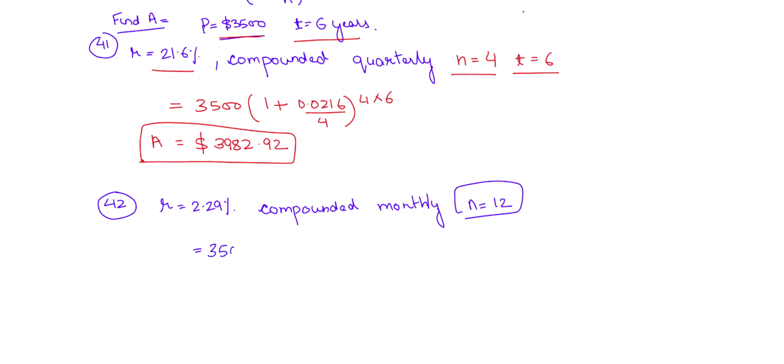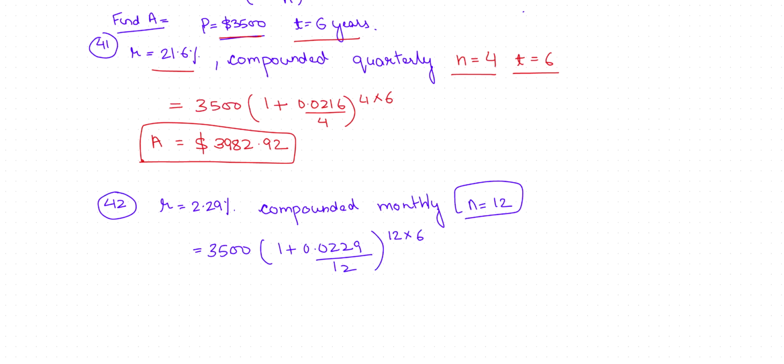Again, we have to put the rate in decimals, so it was 0.0229, and instead of 4 we put 12, and again it is after 6 years. Remember, compounded monthly means n is how many times in a year, and we always have to put the rate in decimal.